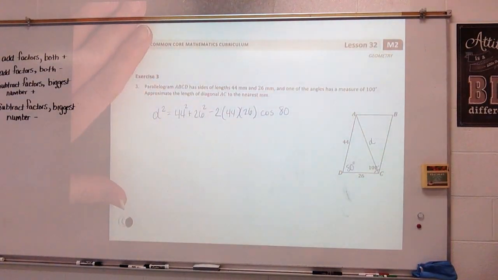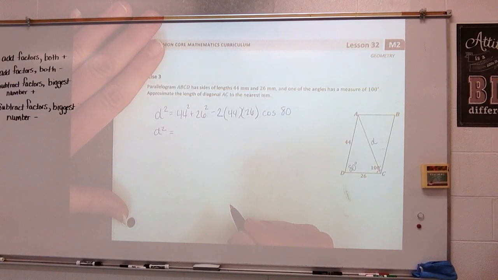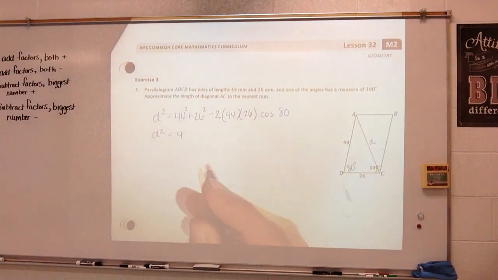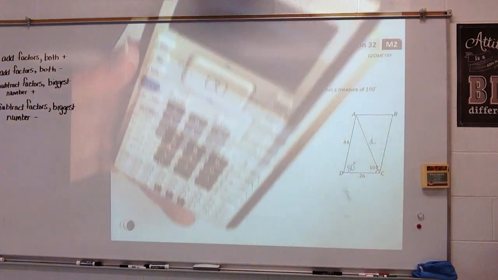So, let's go ahead and look at this. I have d squared is equal to 44 squared. Let's just go ahead and figure this out.